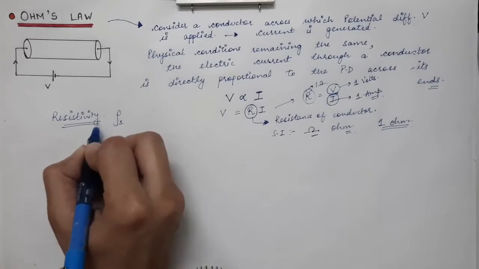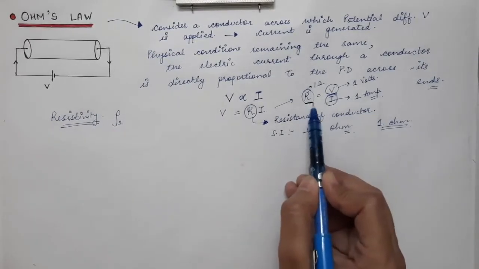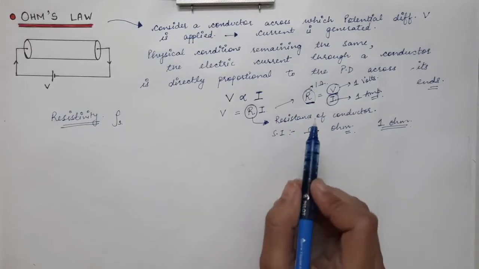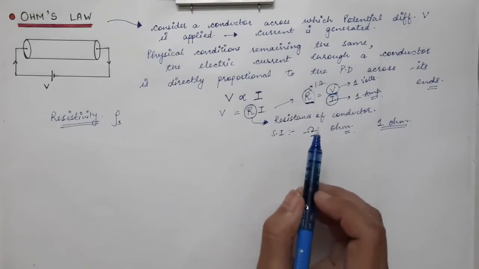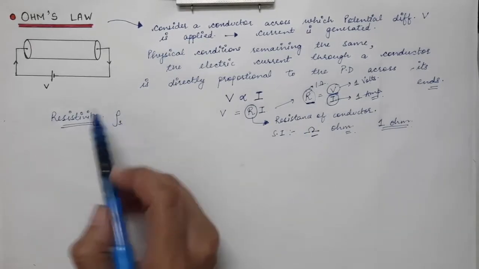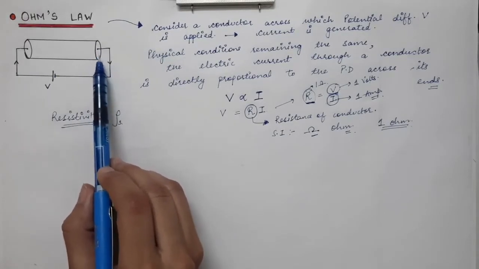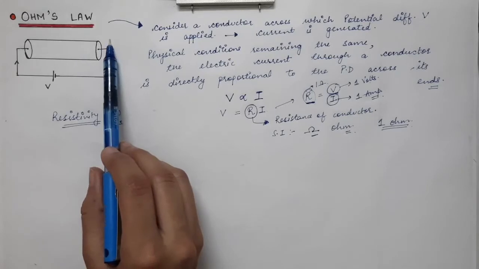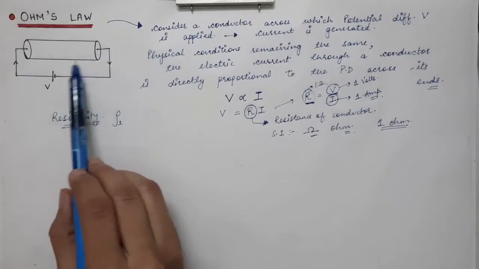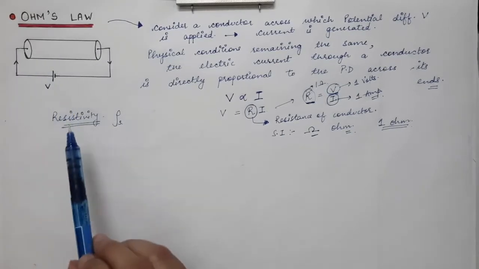Resistivity is actually the resistance of a conductor of unit area of cross section and unit length. Let's suppose you have this conductor and its area of cross section is 1 unit, or you can say 1 meter square, and its length is equal to 1 meter, then the resistance of this conductor will be nothing but the resistivity.